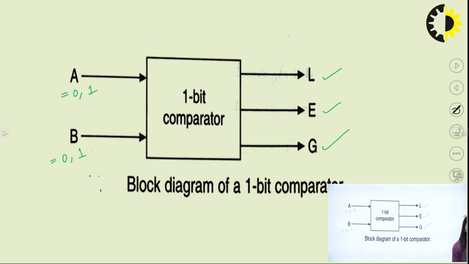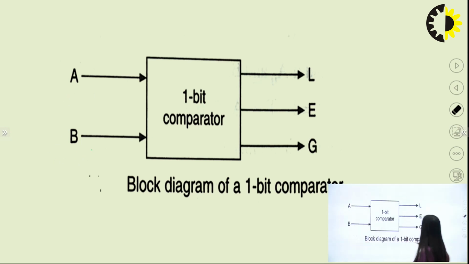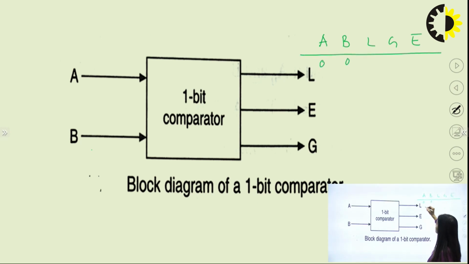Let us write the truth table for the 1-bit comparator. Since it's a complex topic, we need to clarify all these things. The possibilities for A and B may be 0, 0, 0, 1, 1, 0 and 1, 1. In this case, when both bits are the same, equal will be high.